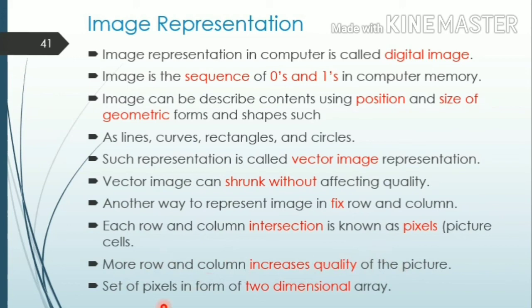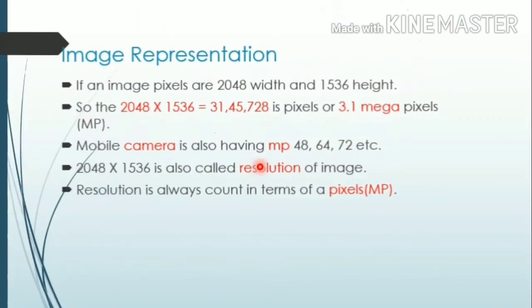If you use more rows and columns, say pixels, that increases the quality of the picture, as you have already seen on your mobile device and computer. Now set pixels in the form of a two-dimensional array.